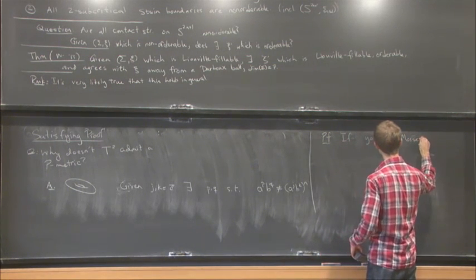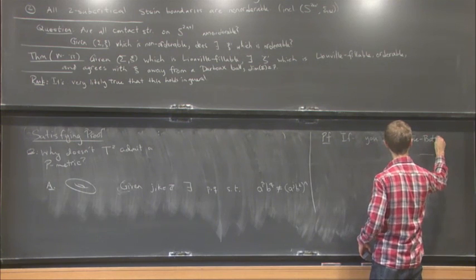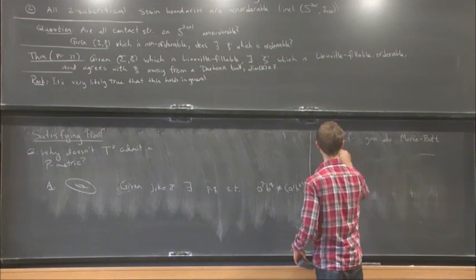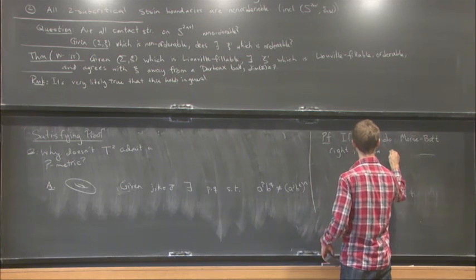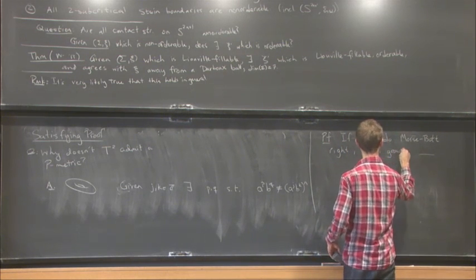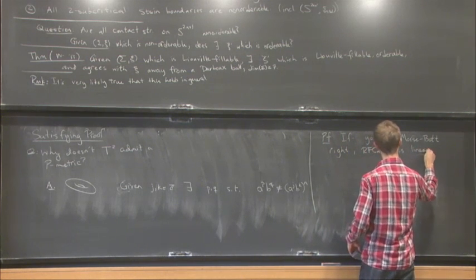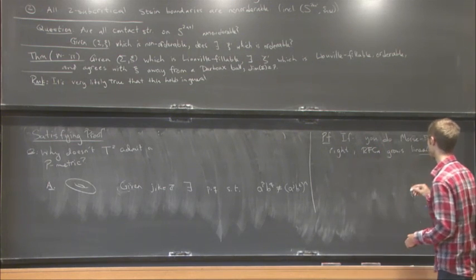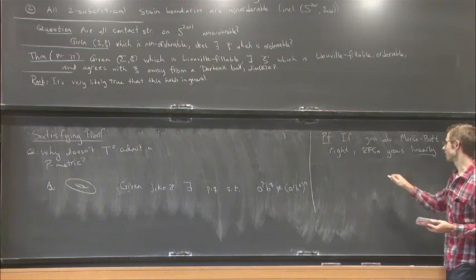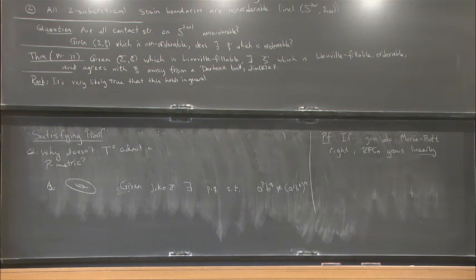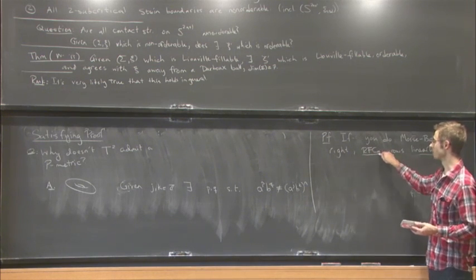If you do it right, what you have to do is the Morse-Bott case here. So if you do Morse-Bott right, RFC star grows linearly. And the rank of the image of the homology into some other vector space is, of course, bounded by the dimension of this.